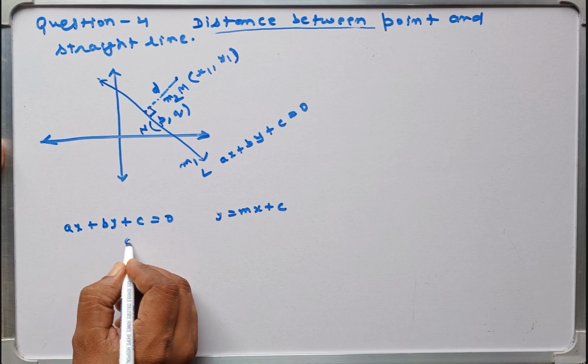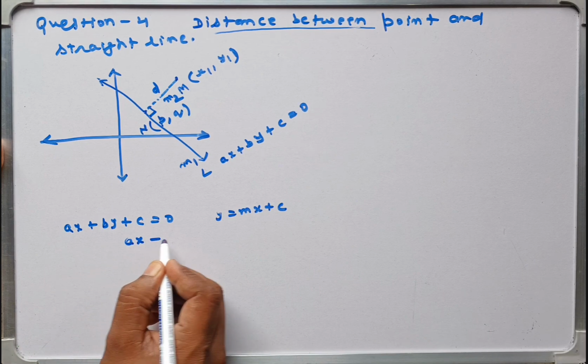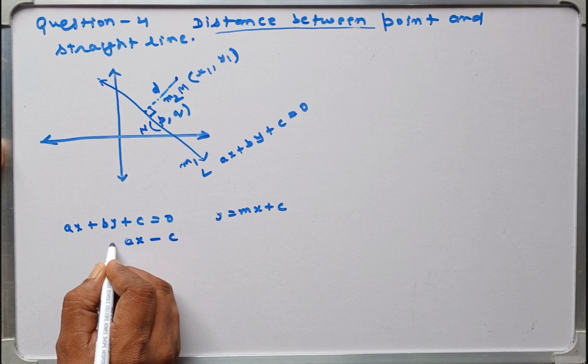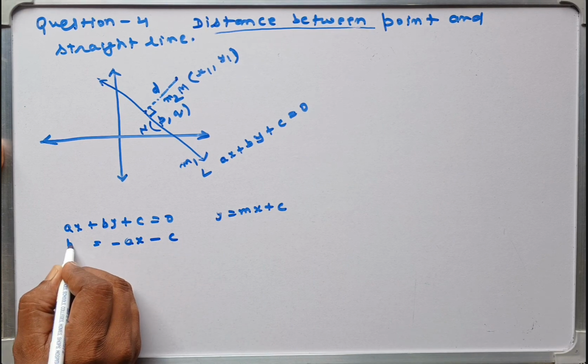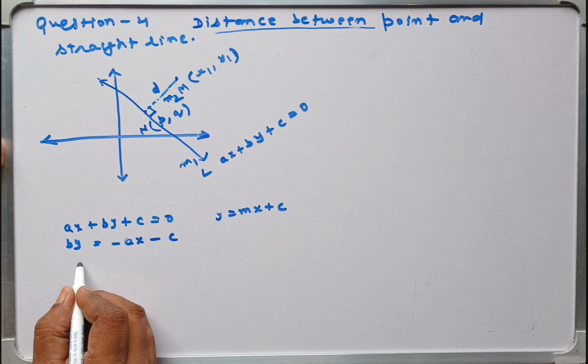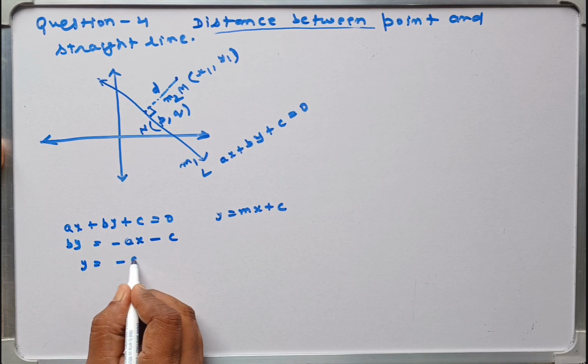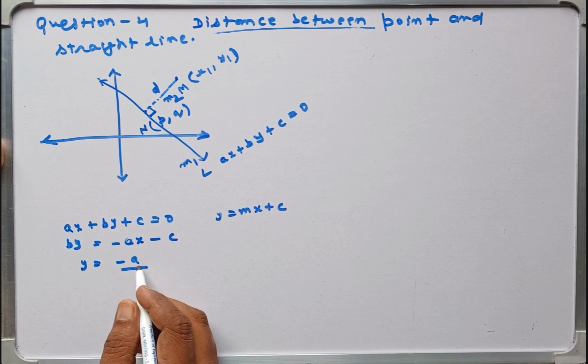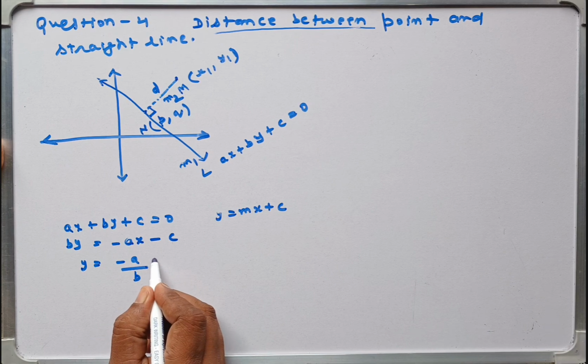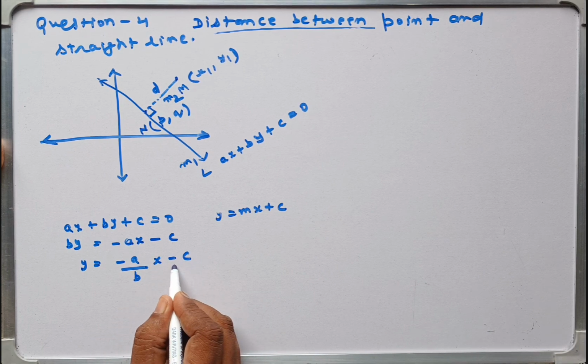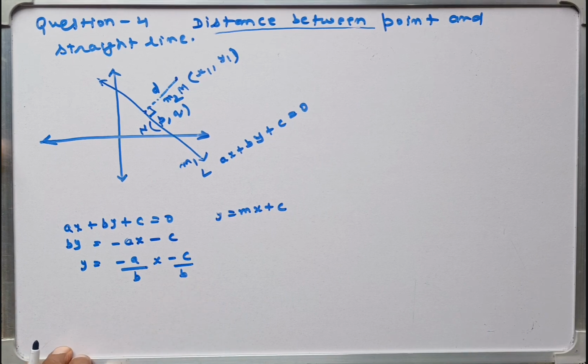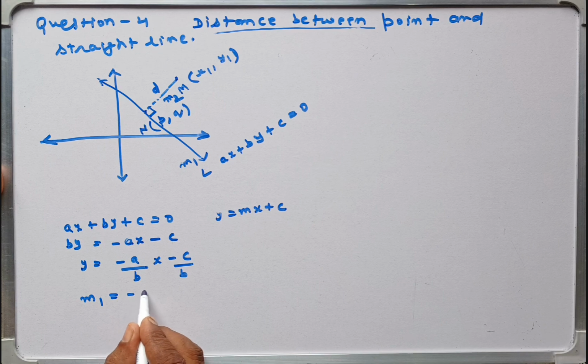We can write ax plus c equal to minus by, so y equal to minus a by b x minus c by b. So the slope of this line, or gradient value, will be minus a by b.